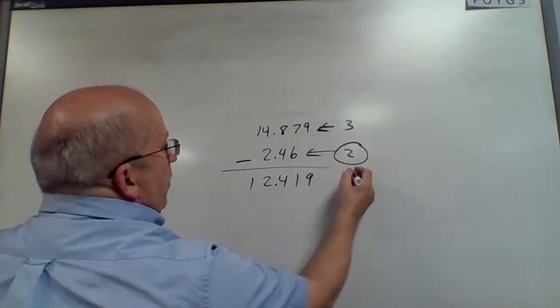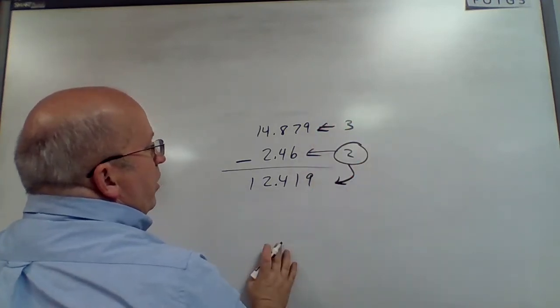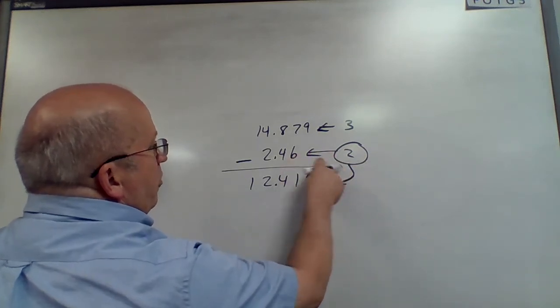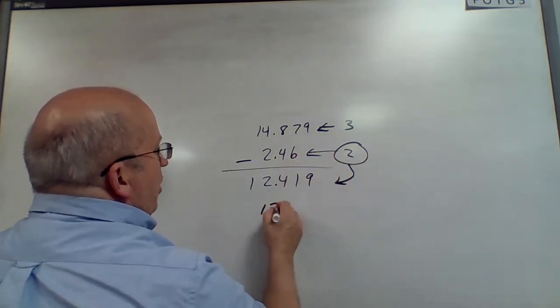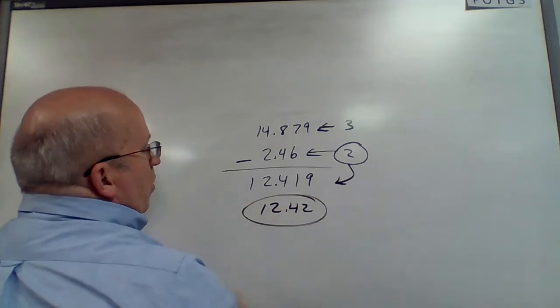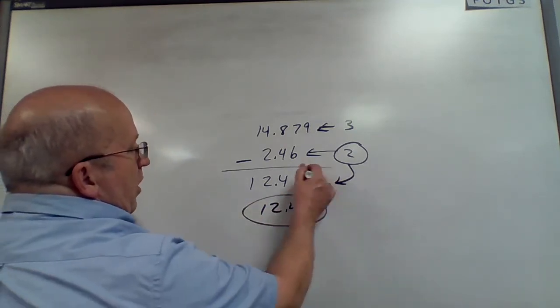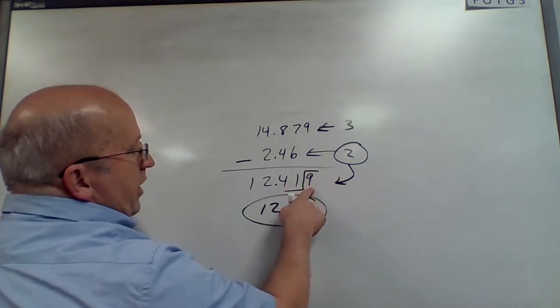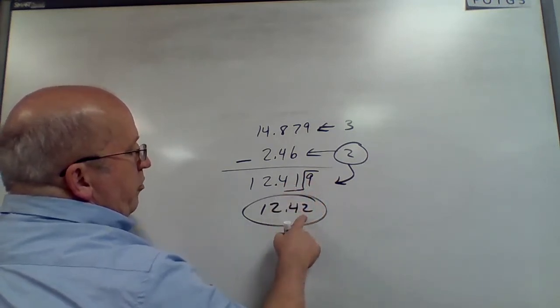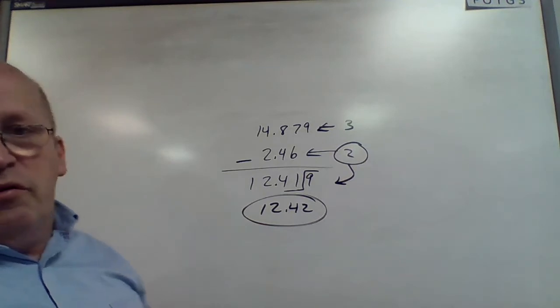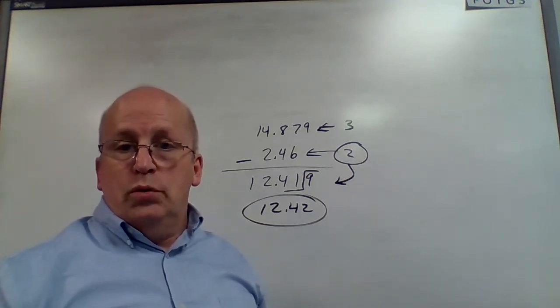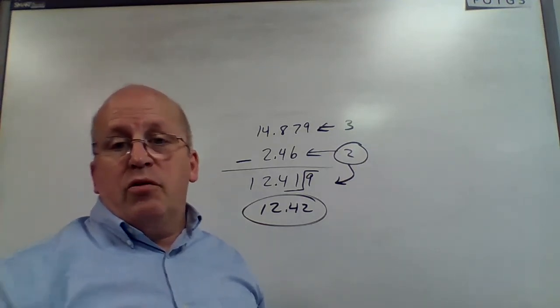So I'm going to make my answer have 2 decimal place values, the smallest amount of decimal place values. And in this case, that means writing it as 12.42, because I'm going to look at this 9, and that 9 is going to tell me to round up to 2. So here the answer is 12.42. Okay, that covers adding and subtracting.